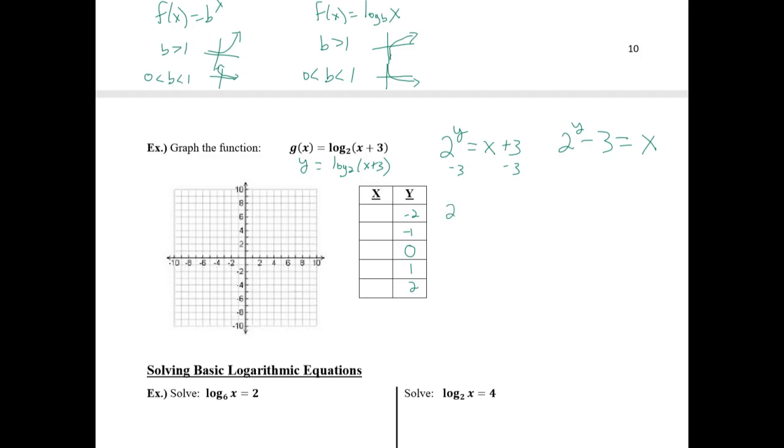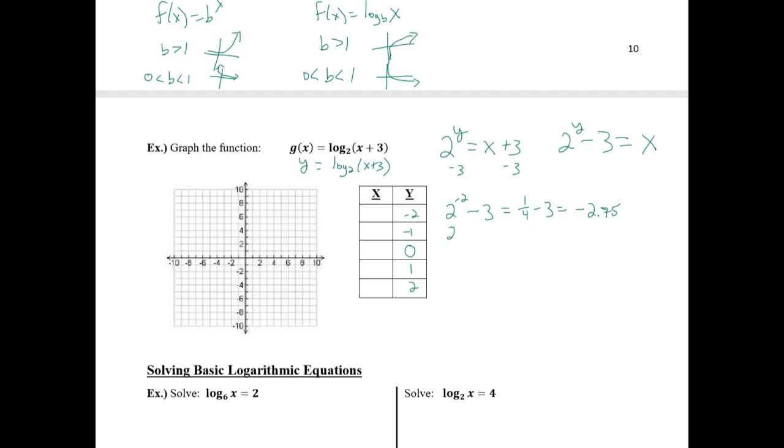So if I plug in 2 to the negative 2 minus 3, 2 to the negative 2 power, the negative takes the reciprocal and the 2 squares it, so I'll end up with 1/4 minus 3, which would be negative 2.75.